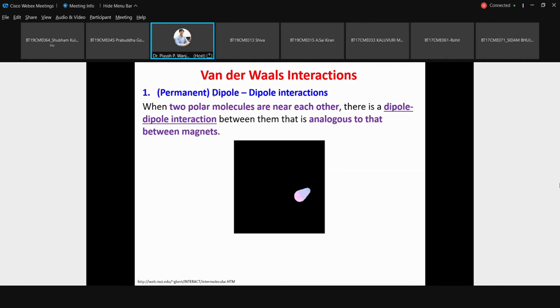So if you focus on the first thing, which is dipole-dipole interaction. Now, can you give me an example of dipole-dipole interaction, between which two kinds of molecules can it occur? Okay.